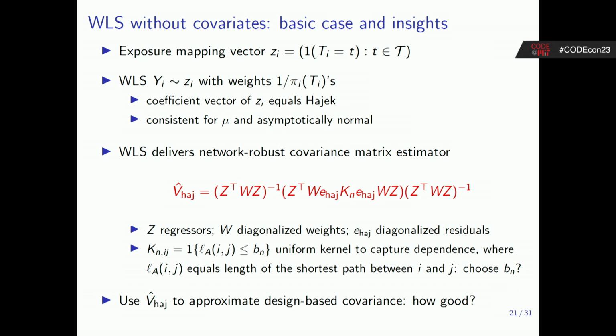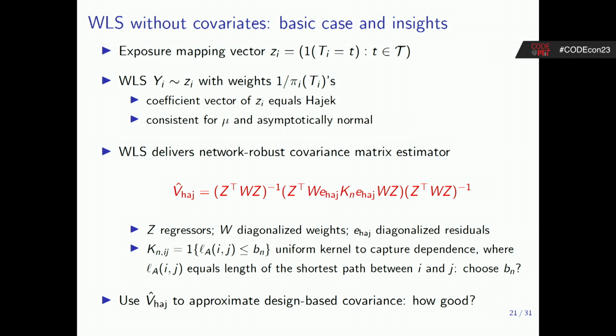This is the classic sandwich covariance matrix. So we have the bread matrix. It's least squares. W is the weights, the diagonal matrix. The matrix in the middle, the mid matrix, is a little messy. The mid matrix is complicated because we want to capture the dependence of units over the network. How do we capture it?